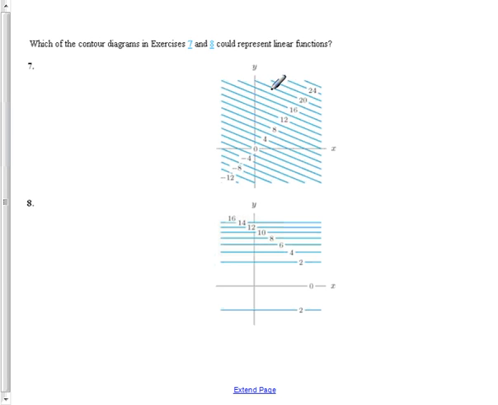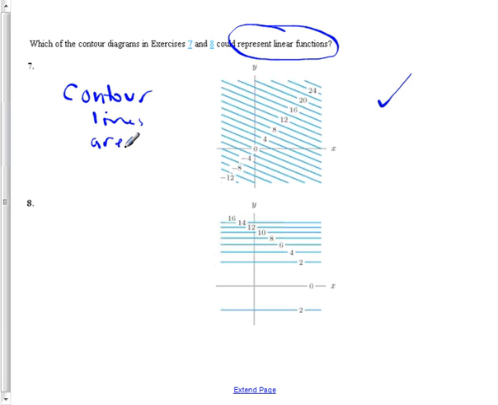Okay, so now using these contour diagrams, which one represents a linear function? If we look at this one here, my contour lines are in fact lines, which suggests that it's linear, and they're evenly spaced.